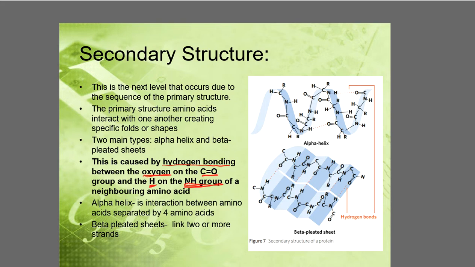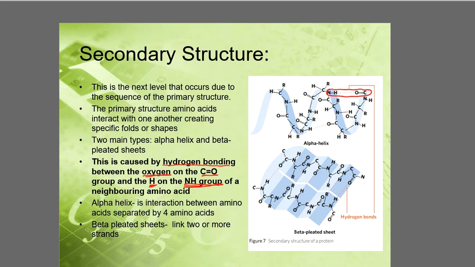If you look at the diagram here, you've got an amino group, and its interaction is with the oxygen of the carbonyl on a neighboring, close-by amino acid. That is always going to be the type of interaction that occurs at the secondary structure.